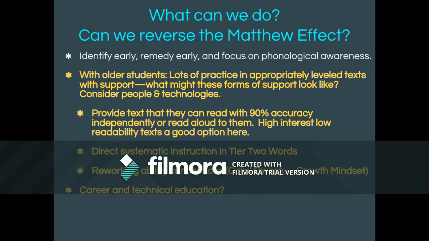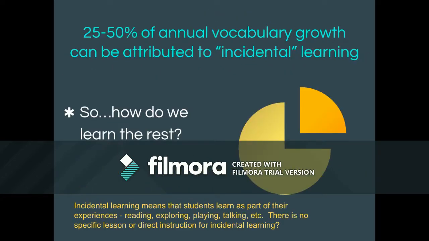Direct systemic instruction of tier 2 words, and you will be reading an article by Isabel Beck this week. It's part of your readings, and she explains tier 2 words, tier 3 words, and tier 1 words. Tier 1 words would be words like door, wall, and tier 2 words are the word are it. That's where you want to concentrate most of your vocabulary instruction.